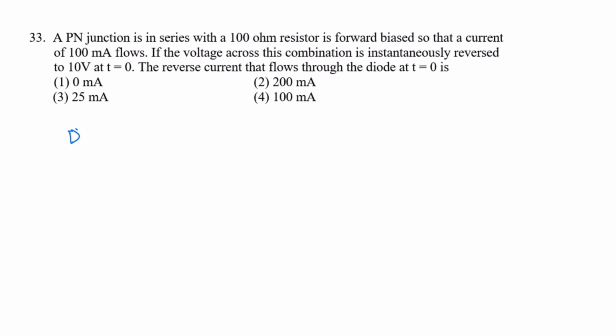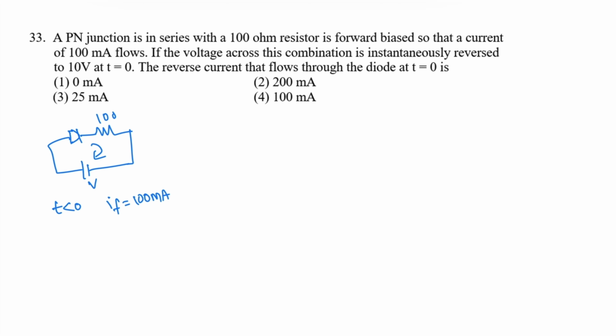So this is the diode, 100 ohms, voltage source V. Forward current is flowing because positive of the voltage source is applied to anode and negative to cathode. So this is the circuit diagram for t less than 0 as per the question, and forward current IF is 100 milliamperes.